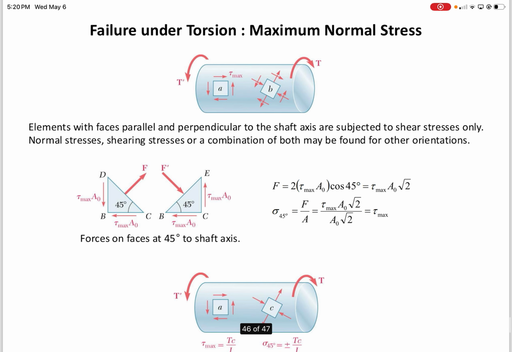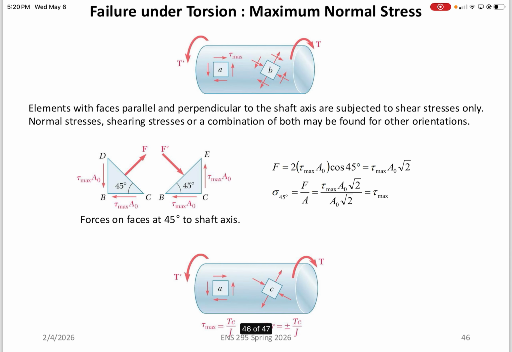Now the last section is basically just talking about failure under torsion. Basically, it's assumed that once you achieve a maximum normal stress, think of it like a Mohr circle for the problem, we have to perform stress transformations in order to calculate the maximum shear and normal stresses.